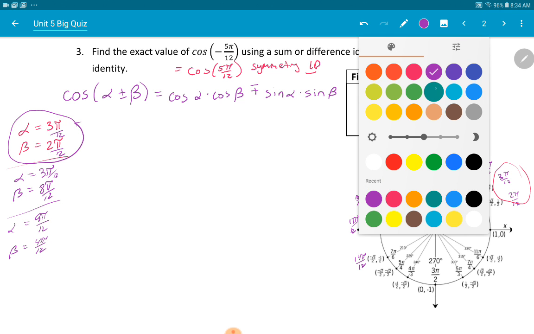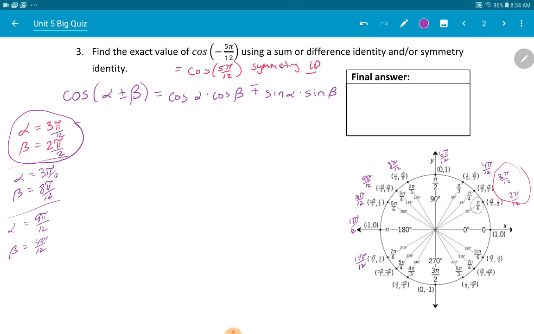Actually, I'm going to back up a little. I can recognize first that cosine of negative 5 pi over 12 equals cosine of 5 pi over 12 by the symmetry identity.